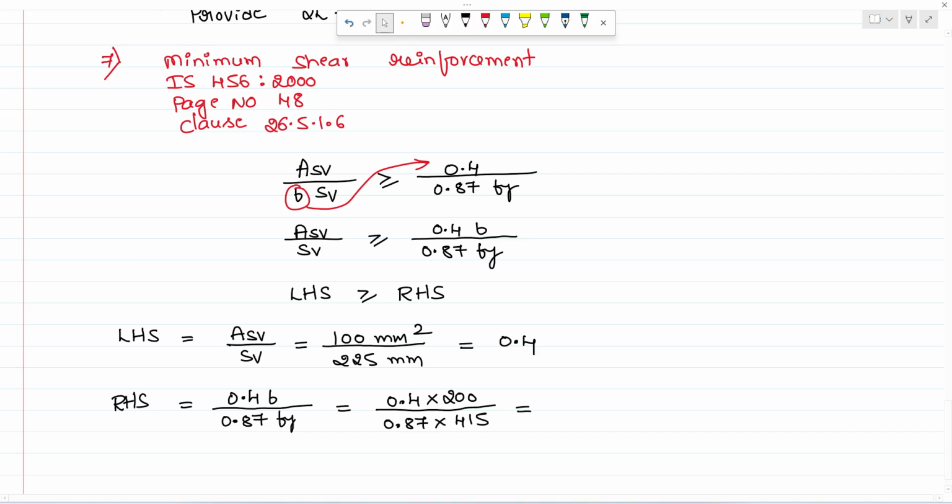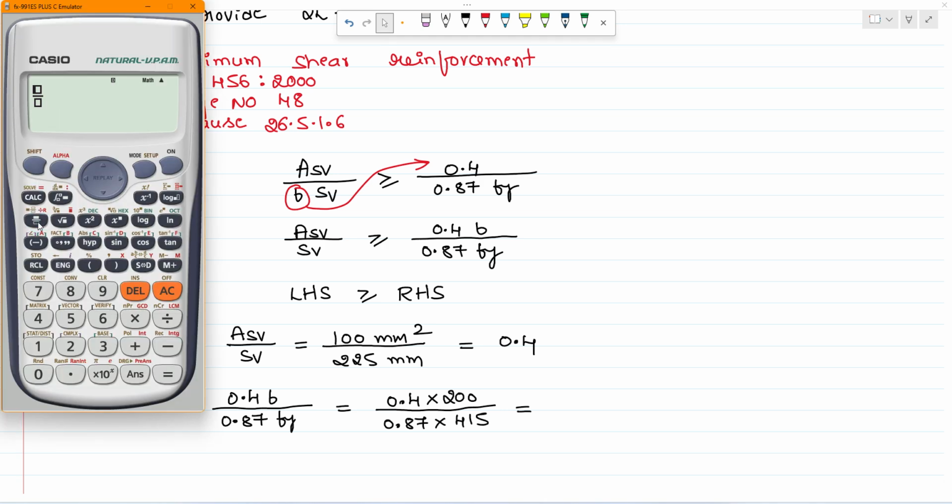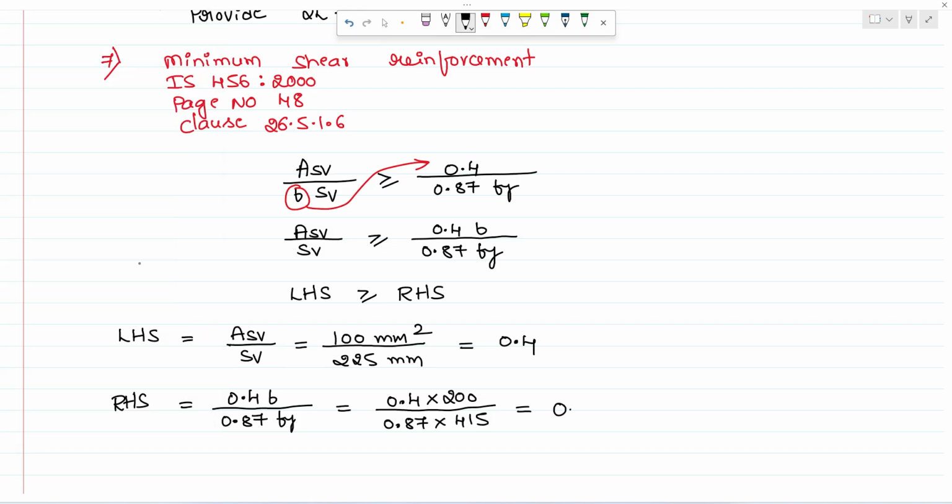So 0.4 multiplied by 200 divided by 0.87 multiplied by 415, which will be 0.22. If you compare these two, LHS and RHS, LHS is 0.4, RHS is 0.22. So LHS is greater than RHS.